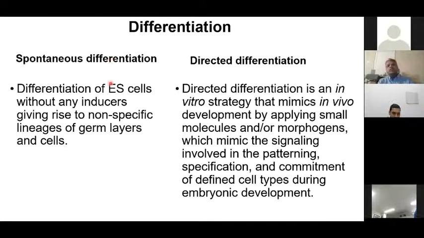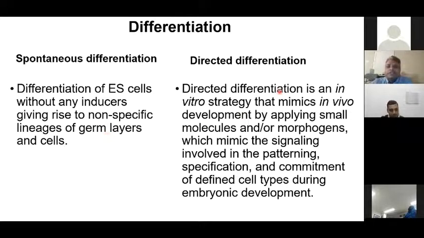In spontaneous conditions without any growth factors, if they differentiate into the three germ layers, we will get non-specific lineages of germ layers and cells, because we will have all three germ layer derived cells mixed in those.